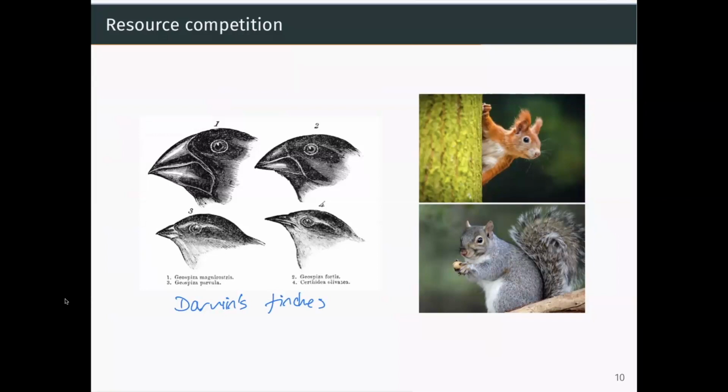And we can also think about applying these types of models to understand competition between species like squirrels. In the UK, in fact, we have grey squirrels being invasive, and they severely harm the red squirrel population. So with our grey squirrels at the bottom, and they're invasive in the UK.